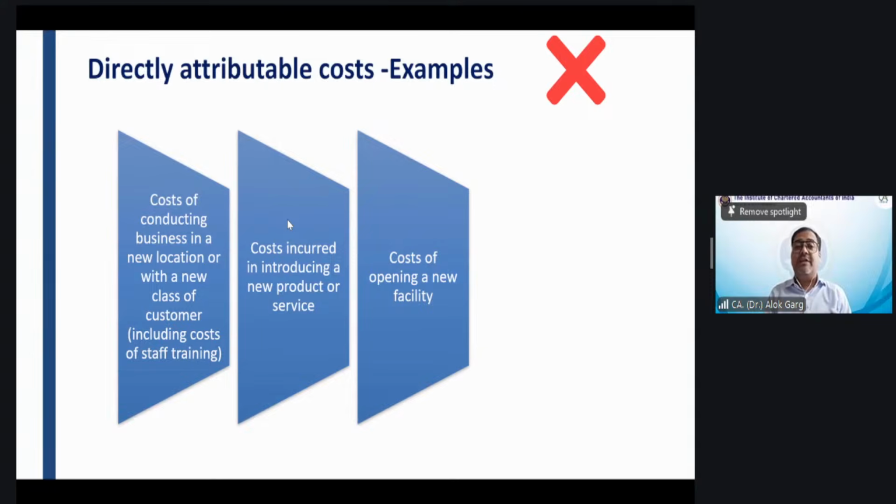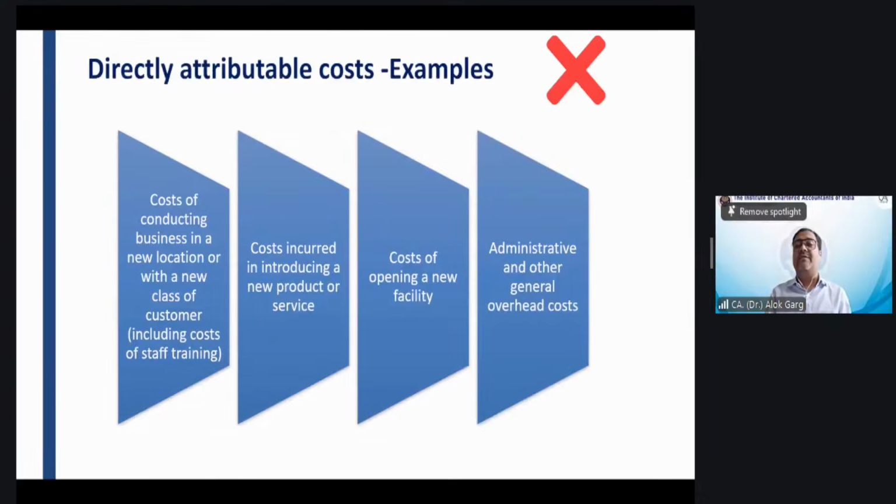The company has invited Vijay Thalapathy to inaugurate the factory. Vijay Thalapathy charged 100 crore rupees. Whether this 100 crore rupees paid to Vijay Thalapathy will be added to the cost of the factory? Answer is no, it will not be added to the cost of the factory. Okay, right? It has to be charged to the P&L.